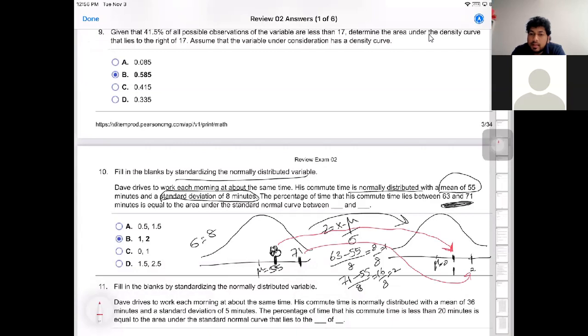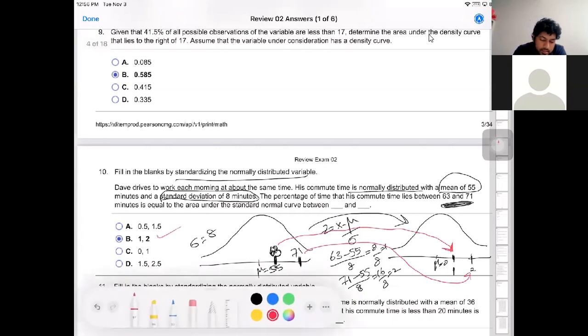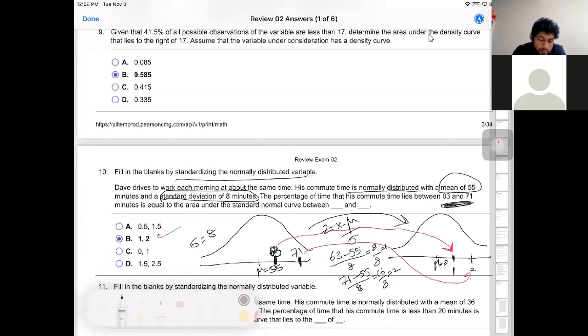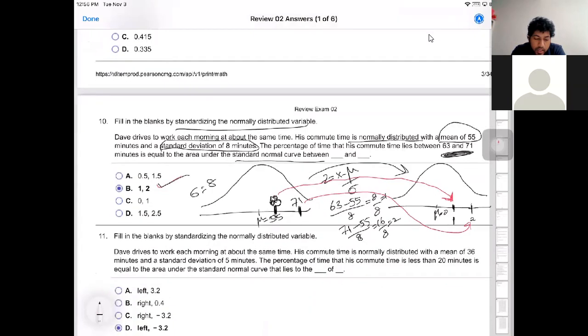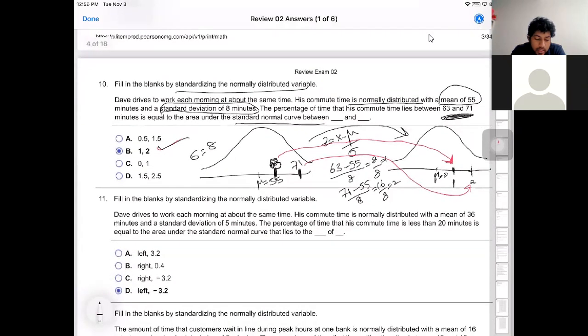Okay, that's how this conversion works. Clear? So they ask this, no problem. The values are 1 and 2. So the area under the standard normal curve between 1 and 2. So we have converted those values. Clear? So that's how we converted values.